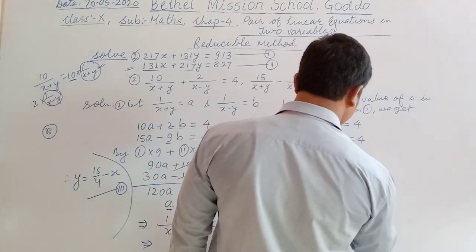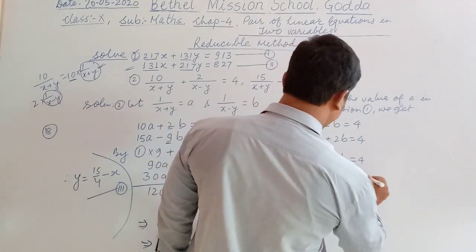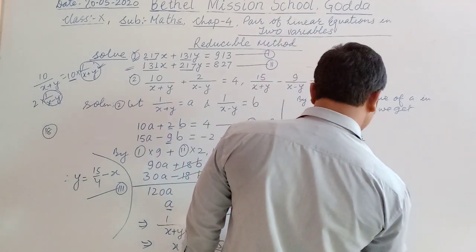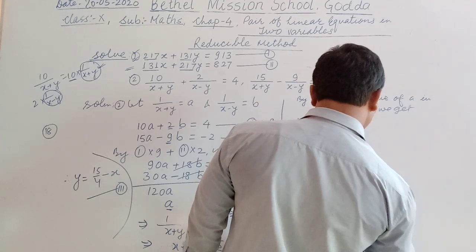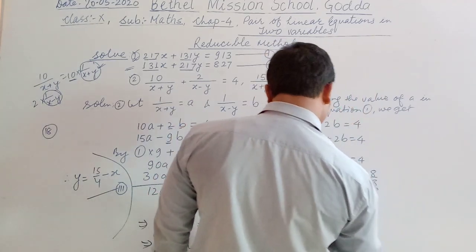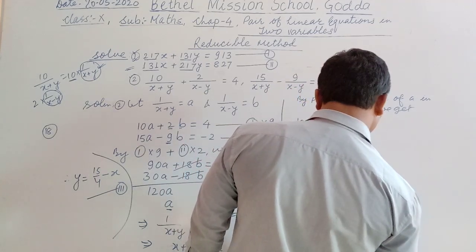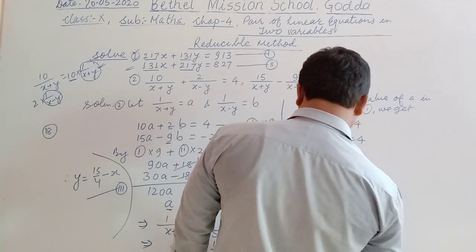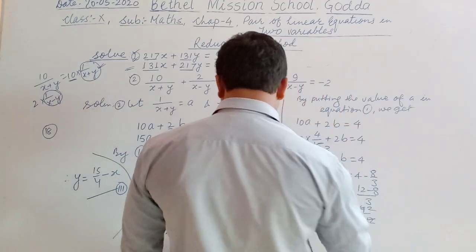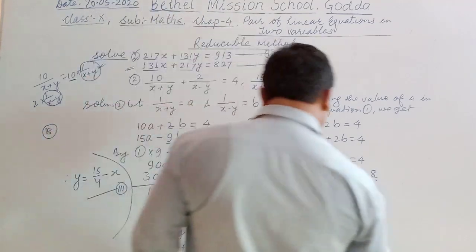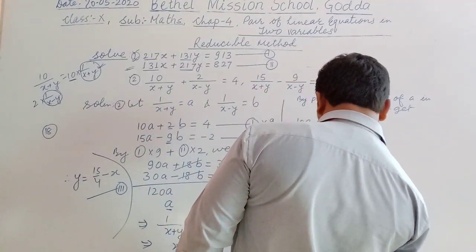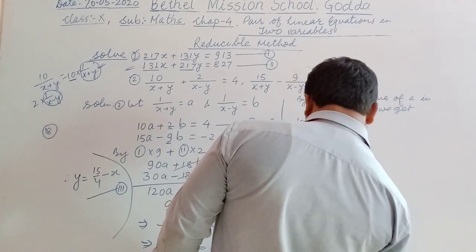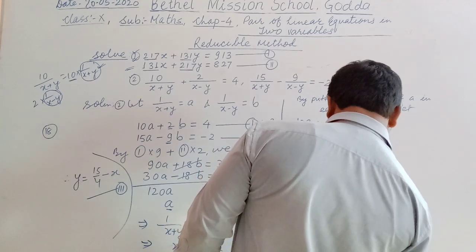Now 2b equal to 4 minus 8 upon 3, or 2b equal to 12 minus 8 upon 3, which is 4 upon 3, so b equal to 4 upon 3 into 2, which is 2 upon 3. The value of b is 1 upon x minus y, so 1 upon x minus y equal to 2 upon 3. Therefore x minus y equal to 3 upon 2.